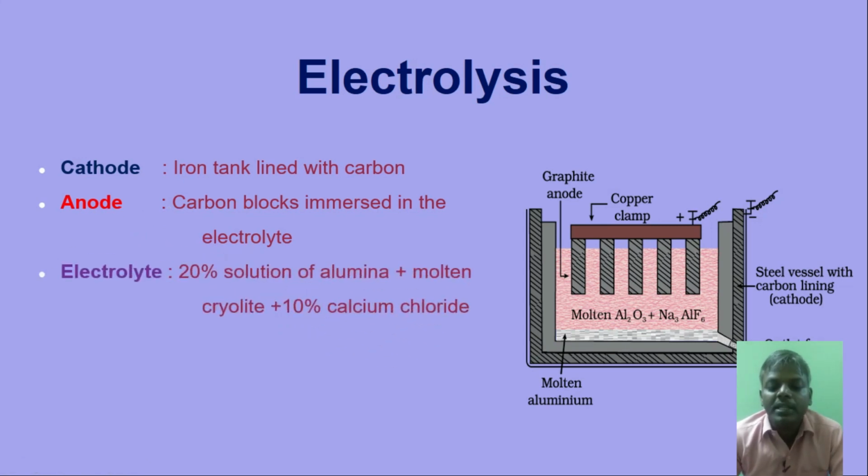A 20% solution of alumina obtained from bauxite ore is mixed with molten cryolite, Na3AlF6.